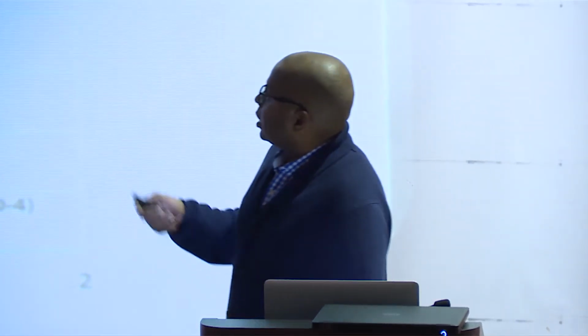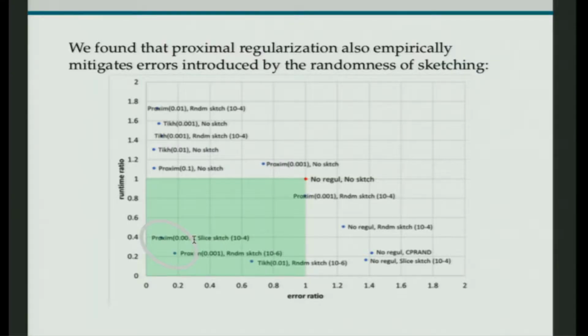Okay, so as I said, proximal regularization actually does mitigate the errors introduced by sketching. And this is a good example of what I mentioned before, that in the case of these tensor problems, you can actually both decrease your error ratio and your runtime ratio. So this red dot here is if you use CPD ALS with no sketching and no regularization, and then the other dots are if you use various combinations of sketching and regularization.